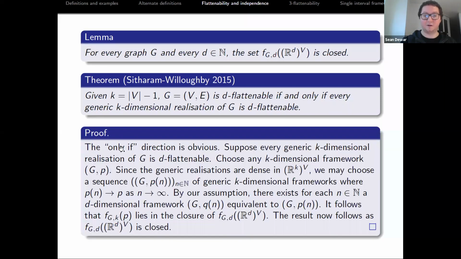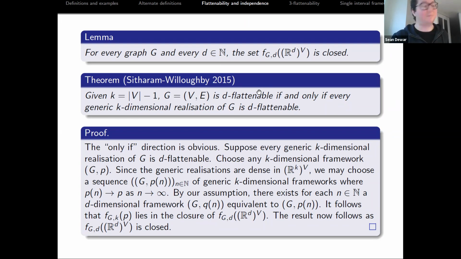For the only if direction: if a graph is deflattenable, then every generic k-dimensional realization of G is deflattenable. That's immediate, because if a graph is deflattenable, then every realization is deflattenable. So the direction we have to show is that if every generic k-dimensional realization of G is deflattenable, then G is deflattenable.